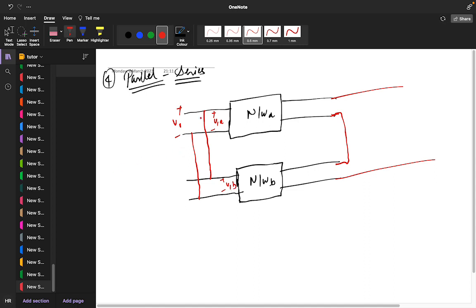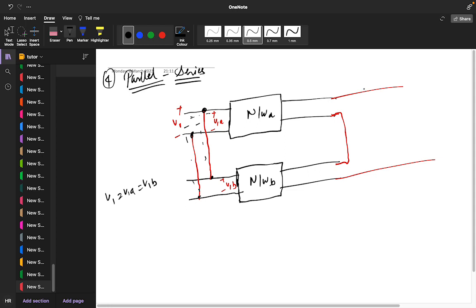Parallel means the potential is the same. So v1 is equal to v1a is equal to v1b.